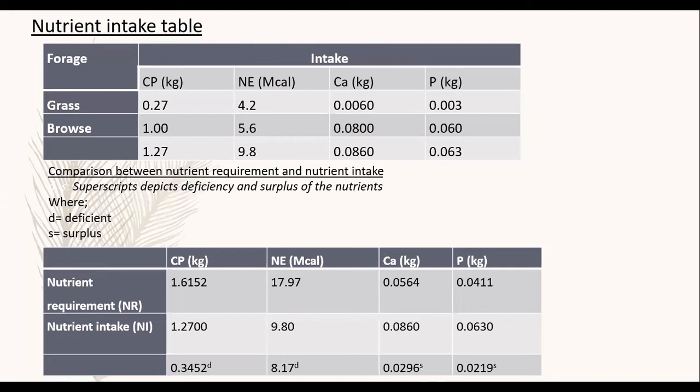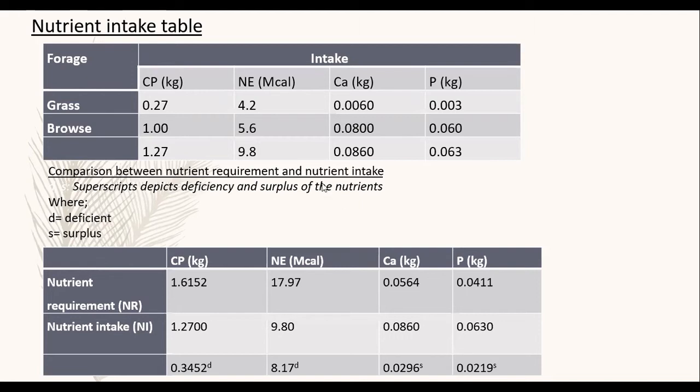The nutrient that is being required by the animal is 1.61. The nutrient intake is 1.27, while the net energy required by the animal is 17.97. The nutrient intake is 9.80. If you subtract it, then there is still a deficit. That means it is deficient.